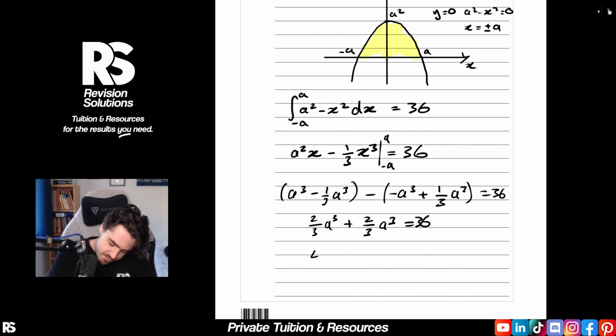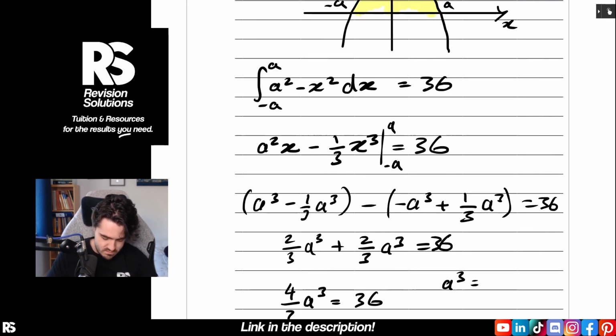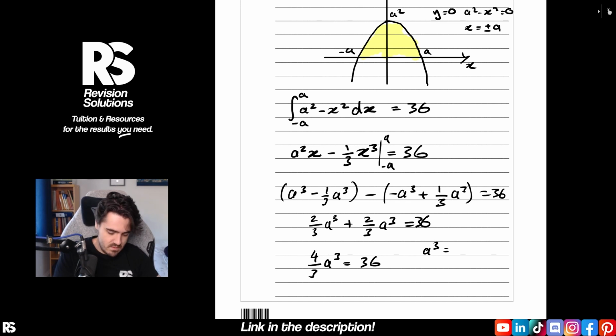So we'd have 4/3 a cubed equals 36. And then 36 times 3/4 gives us 27. And then the cube root of 27 is just 3. So the answer for 8 must just be 3.